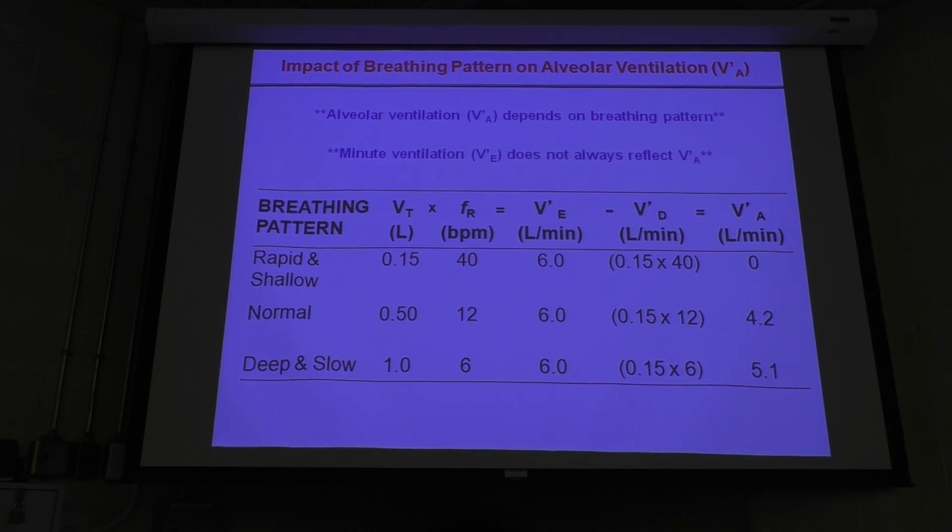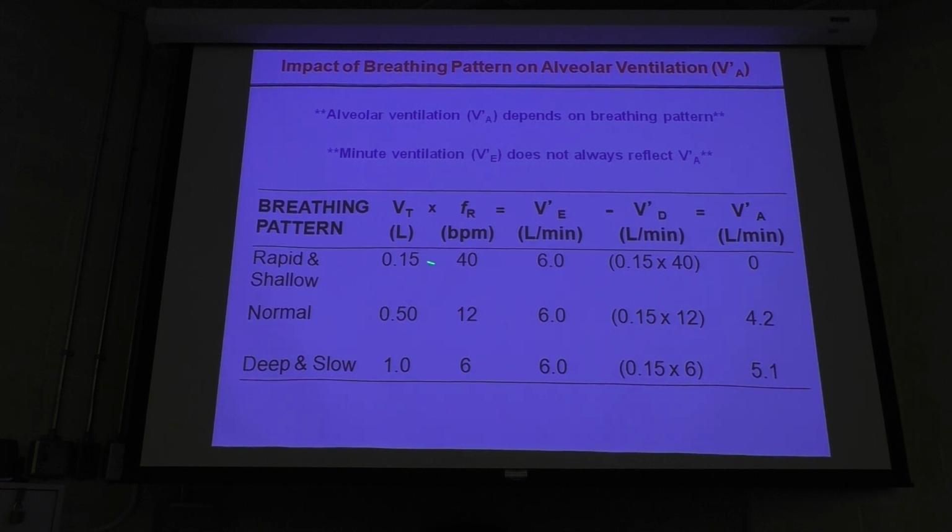So here are three arbitrary breathing pattern examples. We have a rapid and shallow breathing pattern, what we'll call a normal breathing pattern, and a deep and slow breathing pattern. The key here is, look, the minute ventilation under each circumstance is identical, 6 liters a minute.